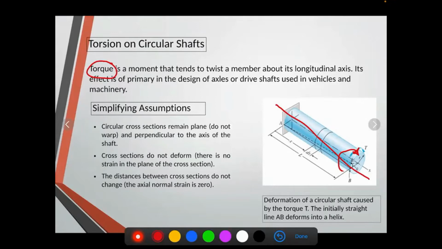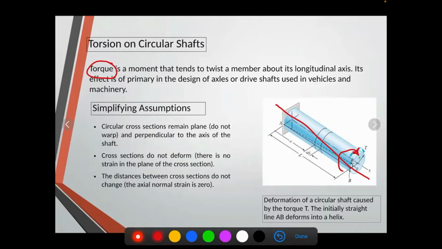So all throughout naman ay examples ng objects na subjected to torsion is, for example, vehicle wheels. Kasi any type of object that has a tendency to twist if applied with a power is under your torsion.